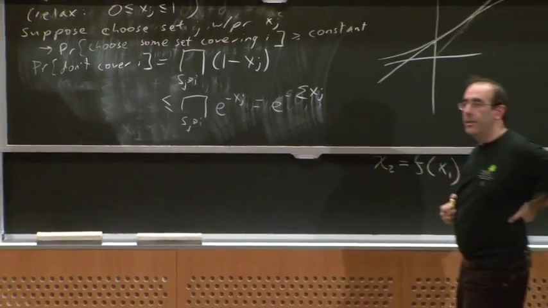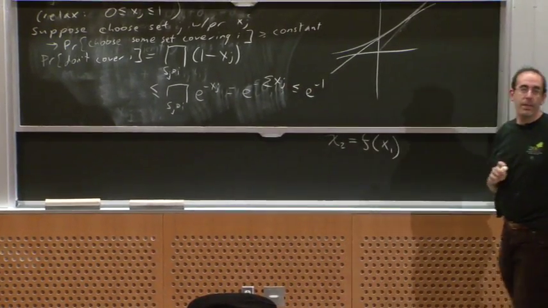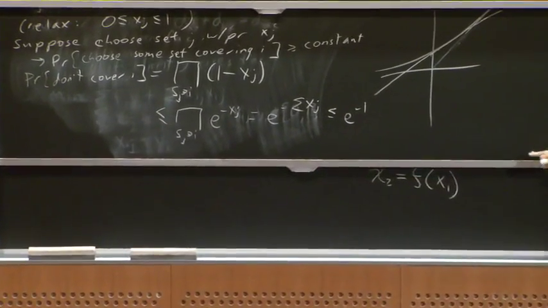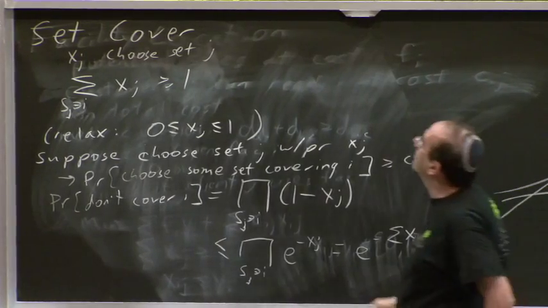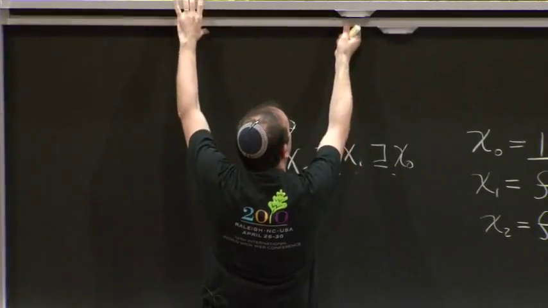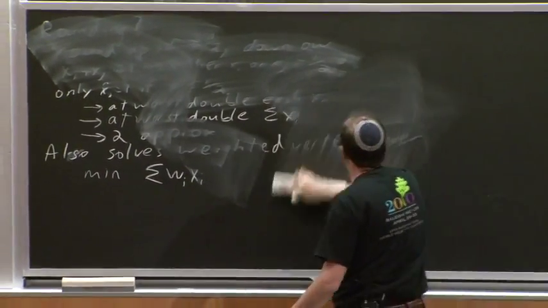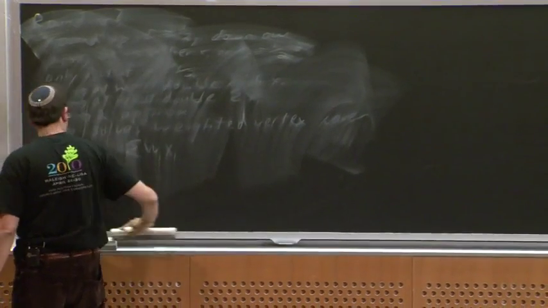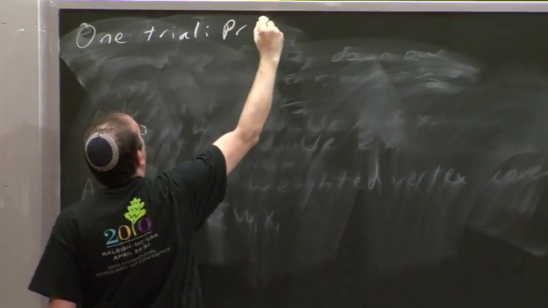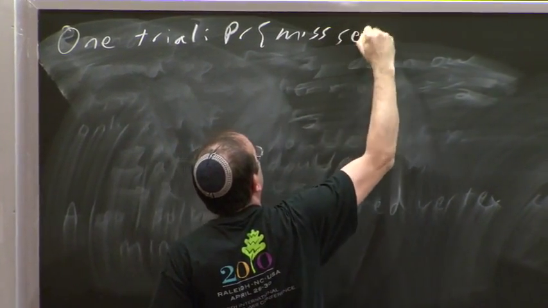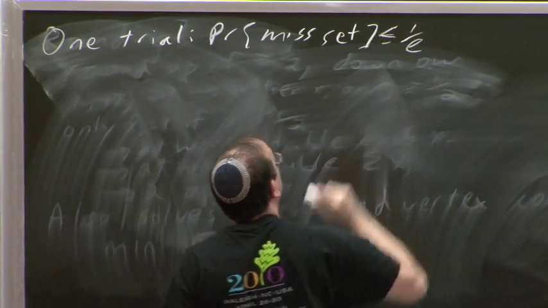Yeah, it's less than or equal to e to the minus 1 because we required the sum of the xj's to be greater than or equal to 1. So the probability that we miss an element is only a constant. What use is that? Well, if we do one of these trials, the probability that we miss an element is less than or equal to 1 over e.